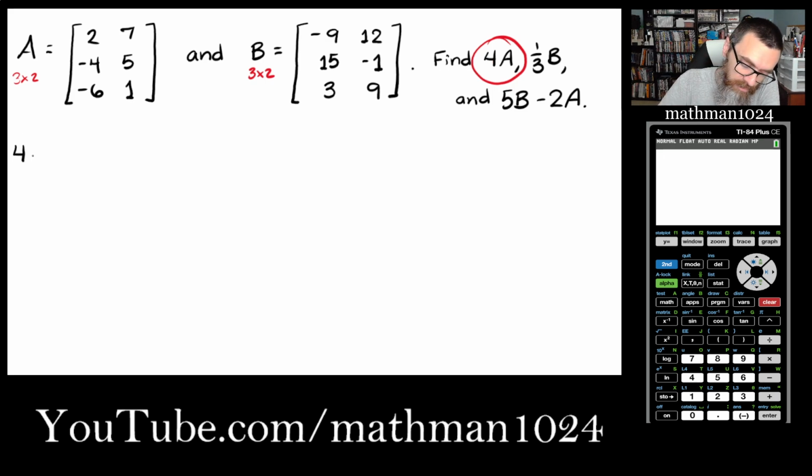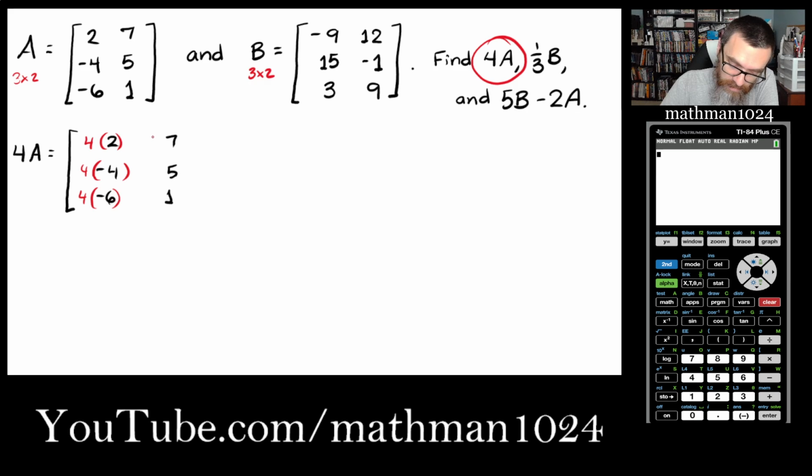So 4 times matrix A just means taking each entry here and multiplying everything here times 4. That's all that it says to do. And you might be going, can it really be that simple? Is that all that needs to be done?